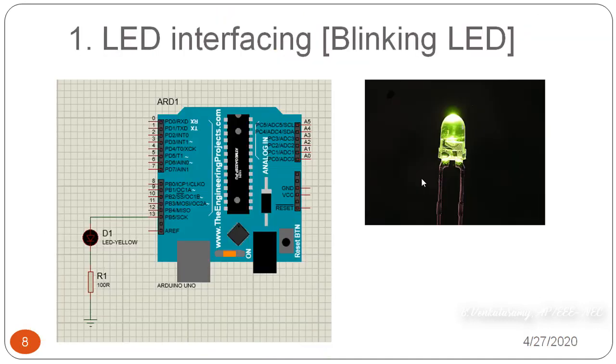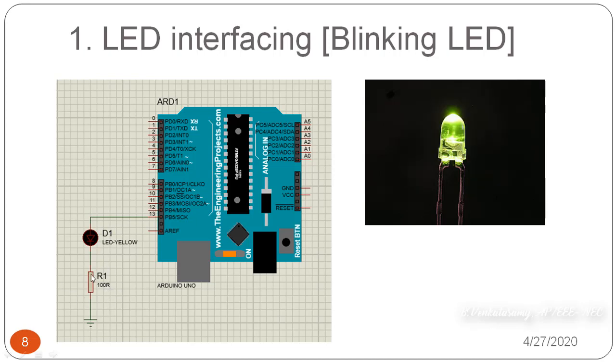So the first experiment is LED interfacing, or blinking an LED using Proteus and Arduino software. In Arduino, we are going to connect an LED to the output pin D13. So here an LED is connected to pin number 13 through a 100 ohm resistance. Why this 100 ohm resistance?